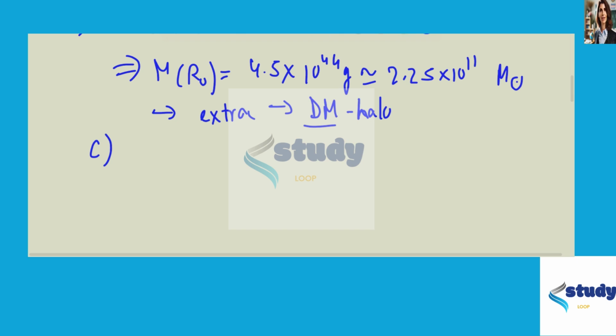And finally, for part C, the problem with using the motion of stars in the neighborhood of the solar system to determine the true mass of the Milky Way galaxy is that a lot, and I mean a lot, of mass is at radii greater than r naught, so very far away from the solar neighborhood.